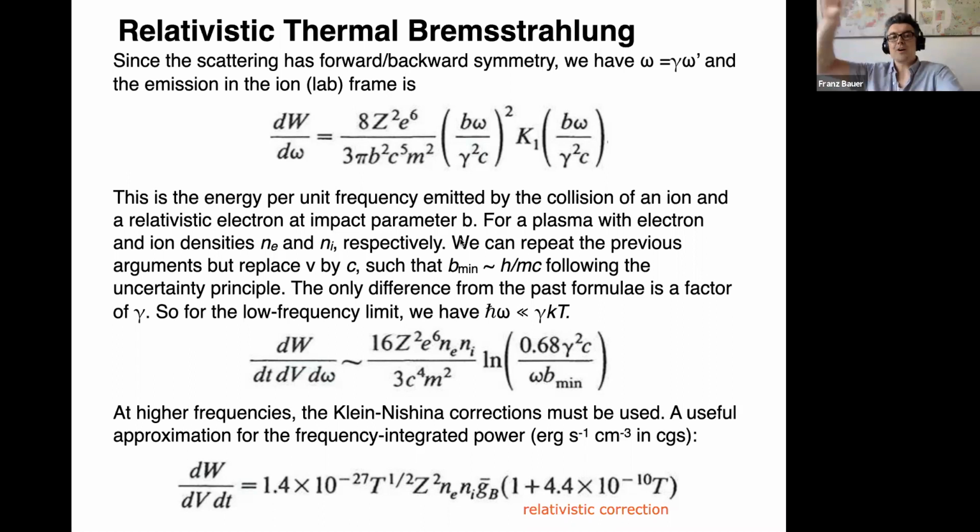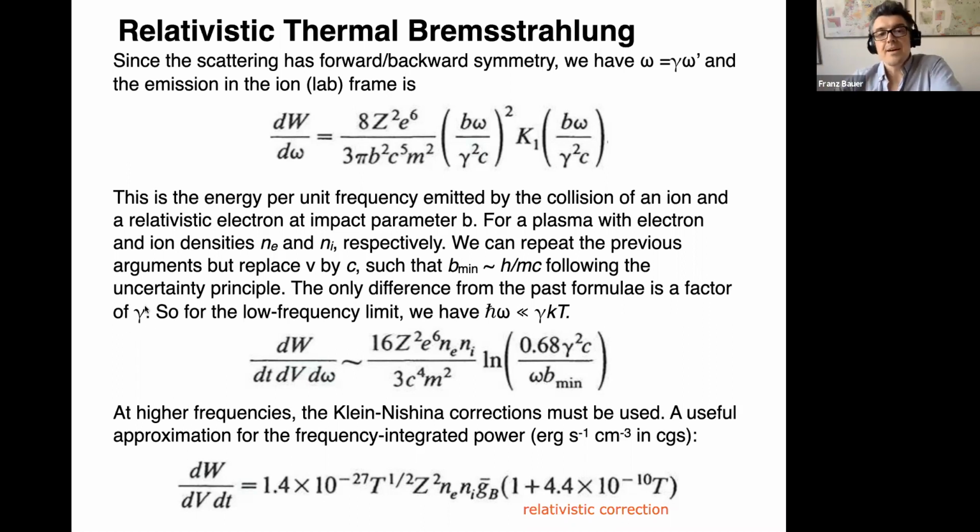We basically can repeat all of the other arguments that we did before, but instead we replace V with C. And that's the main difference. And then the minimum that we use here, we would use h divided by mc for the uncertainty principle.